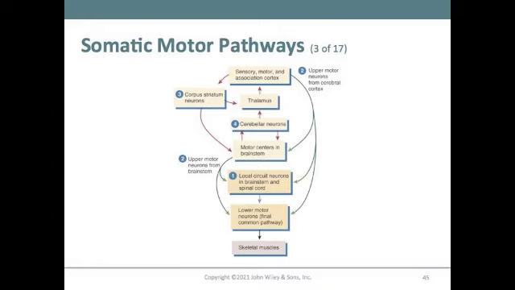Most upper motor neurons synapse with local circuit neurons, which in turn synapse with lower motor neurons. However, there are a few upper motor neurons that synapse directly with lower motor neurons. Upper motor neurons from the primary motor cortex of the cerebrum are essential for the planning and execution of voluntary movements of the body.